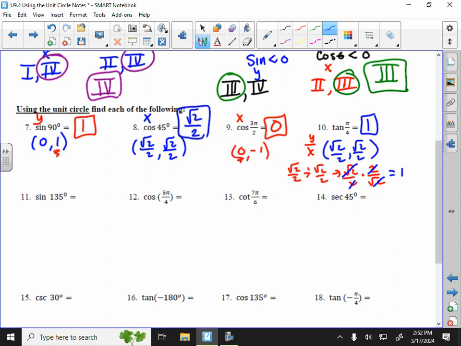All right, sine 135, so let's find 135 on the unit circle. And so that's at negative root 2 over 2, comma, positive root 2 over 2. And the sine is the y coordinate. And so here's our y coordinate, which is root 2 over 2.